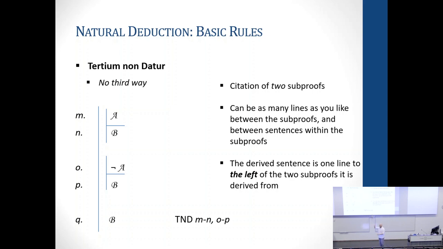Two subproofs, one that starts with a sentence and ends in some result, another subproof that starts in the negation of that sentence, ends in the exact same result, conclusion, result must follow. Because that sentence is either true, which gets to your result, or it's false, which gets to the same result.